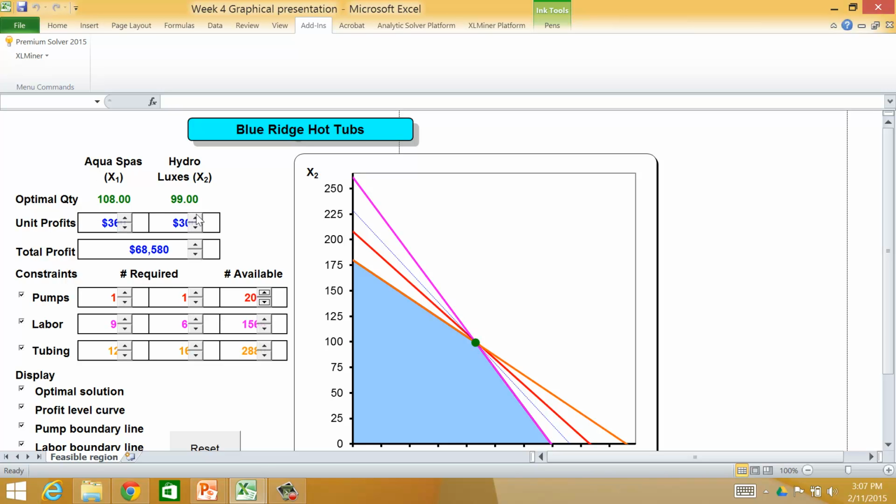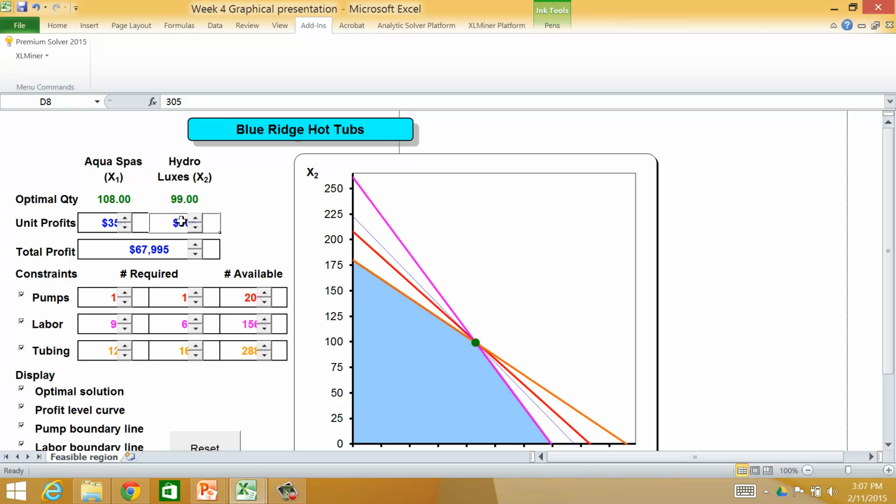I'll just change it here. Originally it's 350 and 300, right? It worked on my old version of Excel, but I opened this new Excel and it's not even letting me.